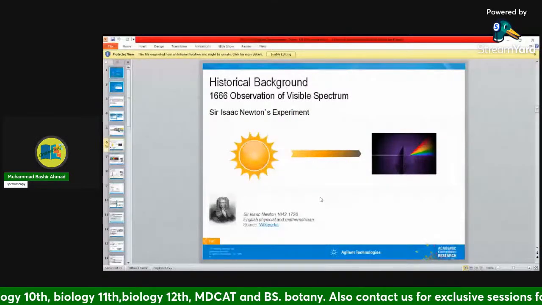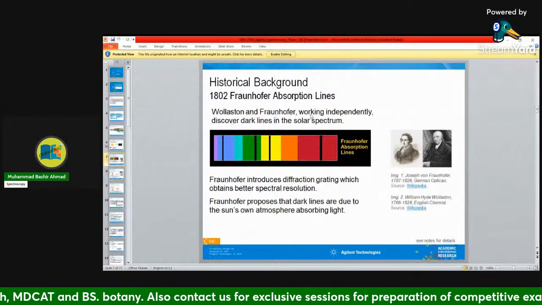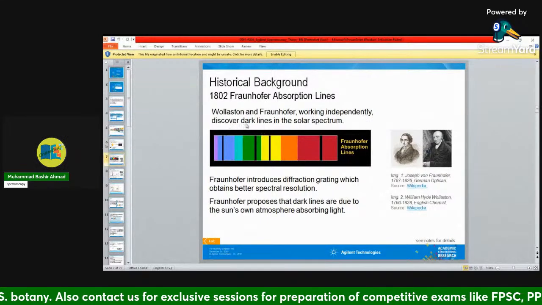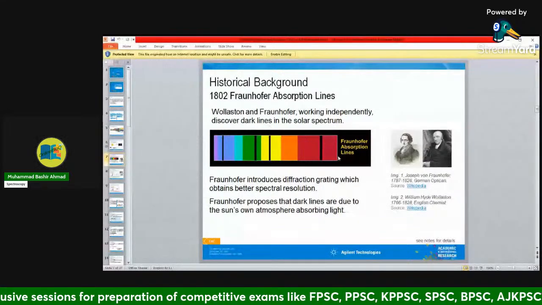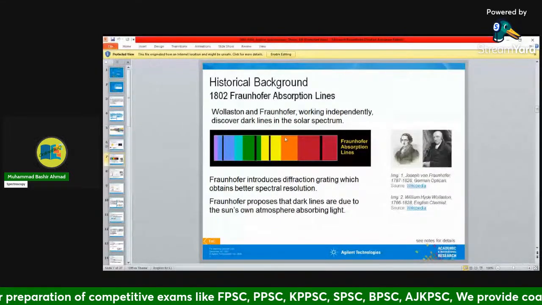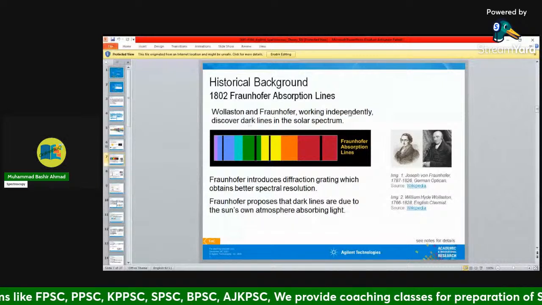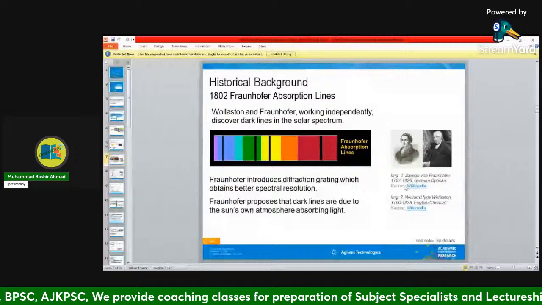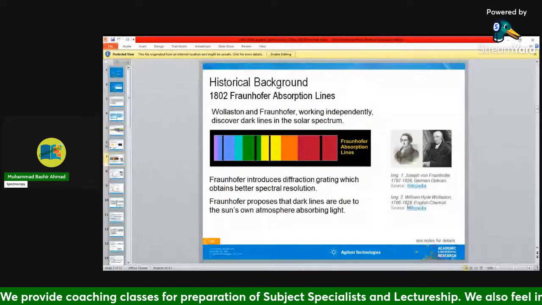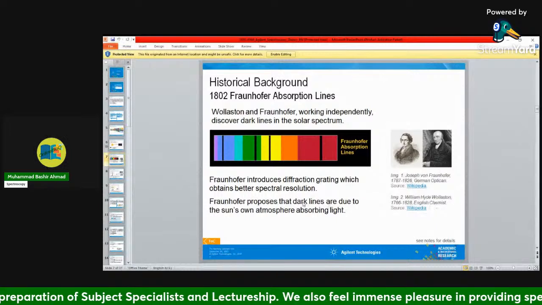In 1802, Fraunhofer absorption lines: Wollaston and Fraunhofer, working independently, discovered dark lines in the solar spectrum. We can see dark lines in the solar spectrum. They were observed by Joseph von Fraunhofer, a German optician, and William Hyde Wollaston, an English chemist.